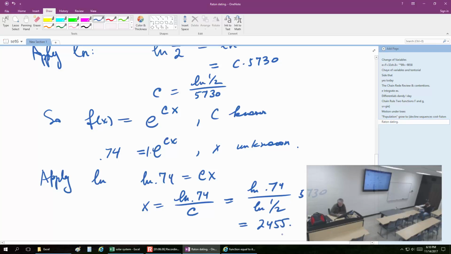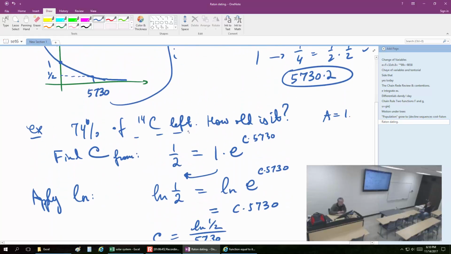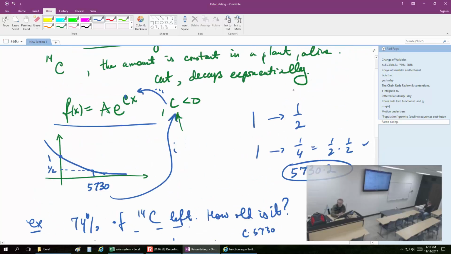What I said earlier, I misunderstood at first. 74% is left, which is not the same as 75% lost. 75% lost is the case where you're left with 1/4, so it is 5730 times 2. Going the opposite direction will be roughly half.